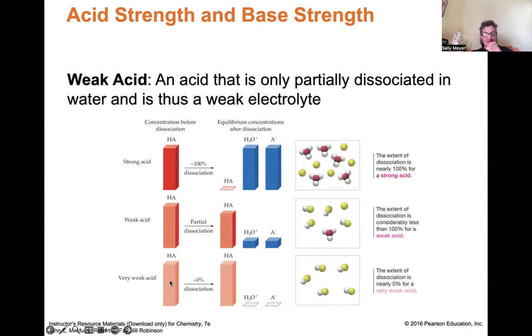So every HA that you put into water pretty much stays together, and very, very few of them dissociate to make H3O plus and A minus. So 100% dissociation makes it a strong acid. Somewhere in between makes it a weak acid, and a very weak acid is essentially an HA that doesn't dissociate at all.